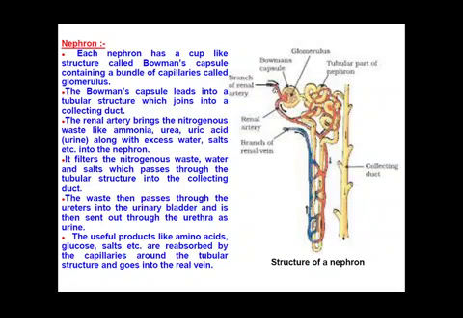As you can see here, the renal artery moves around this tubular structure, and the renal vein is also present here, surrounding the tubular structure. The useful material is absorbed, and whatever waste material is there is taken into the collecting duct. From the collecting duct, through the ureters, it moves into the urinary bladder, where it is stored, and when the bladder is filled, it is removed from our body through the urethra as urine.